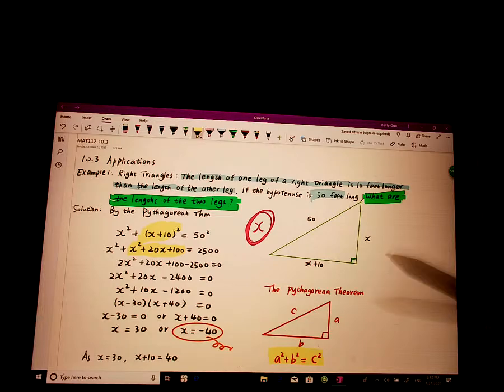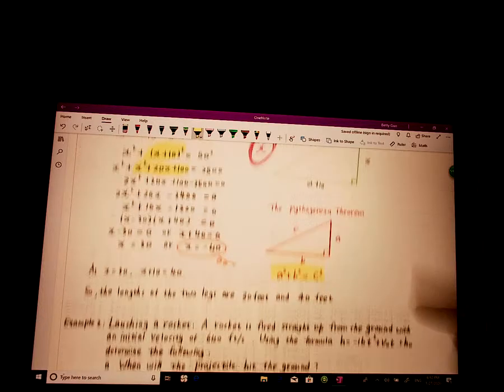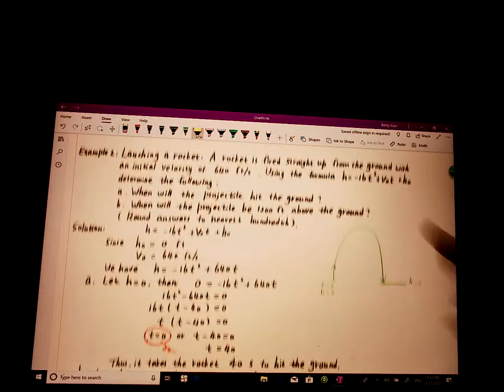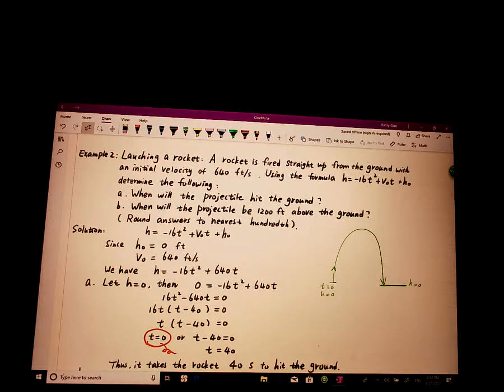All right, so example 2. Example 2 is a physics problem. Let's read the problem. Launching a rocket. A rocket is fired straight up from the ground with an initial velocity of 640 feet per second.